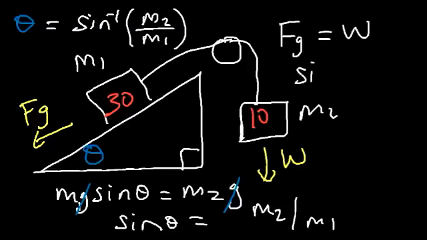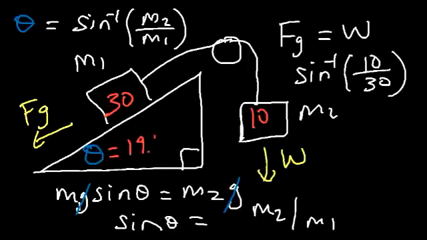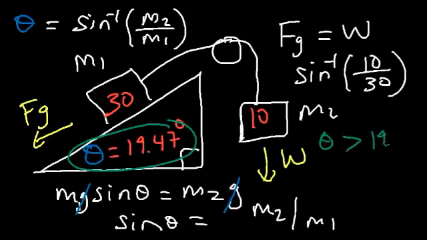So let's find the answer. What is the inverse sine of m2, which is 10, divided by m1, which is 30? The inverse sine of 1/3 is about 19.5 degrees, or 19.47. So at this angle, the system is at rest. If theta exceeds 19.5, F of g is going to be greater than W, and the system is going to move to the left.